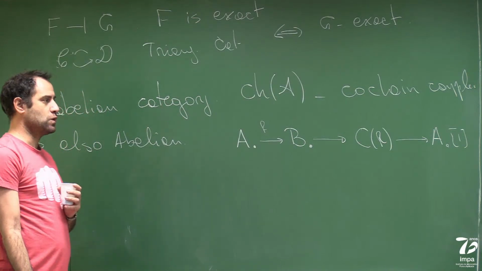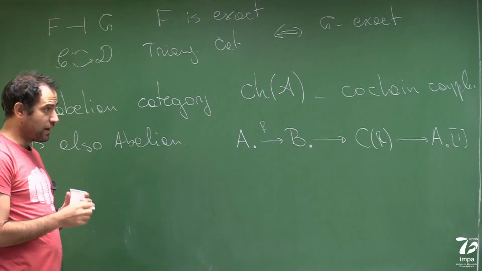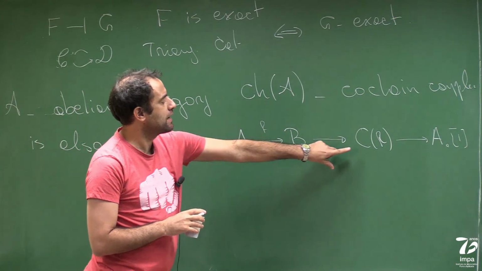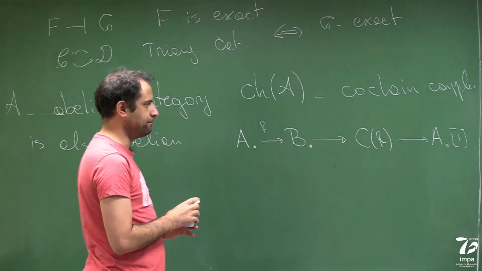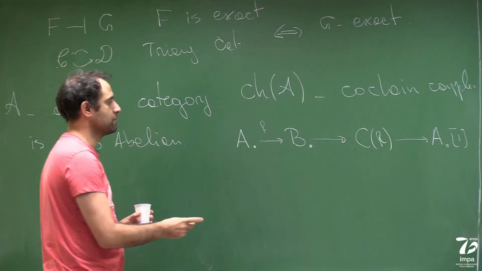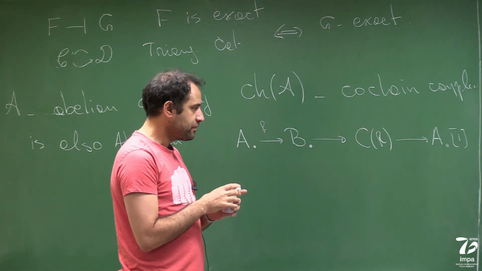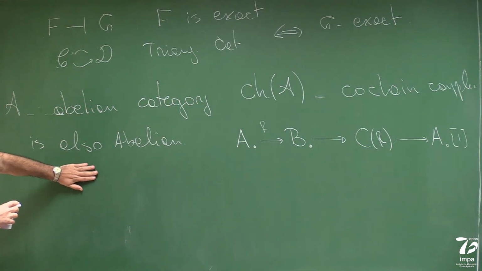But this could not be declared to be a distinguished triangle because we had the problem that this guy is quasi-isomorphic to 0, but it's not 0. And we needed to have isomorphisms between this guy and 0. So this category is almost never triangulated.